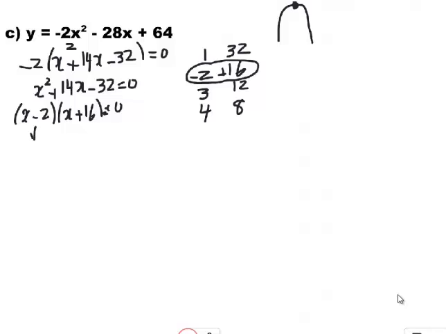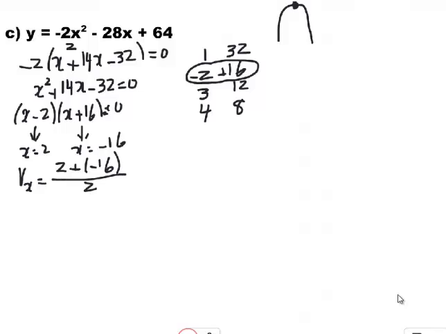This gives me x is equal to 2. This gives me x is equal to negative 16. Now to find the maximum value, I'm going to find v sub x, which is the average of 2 and negative 16. So 2 plus negative 16 divided by 2.